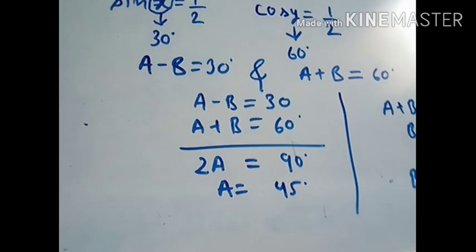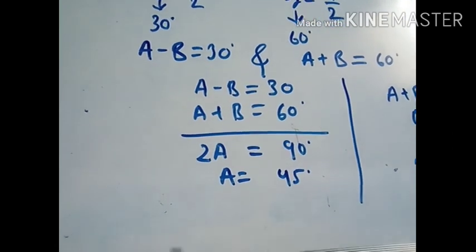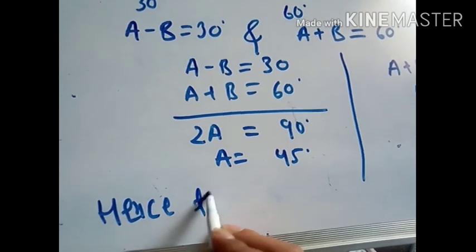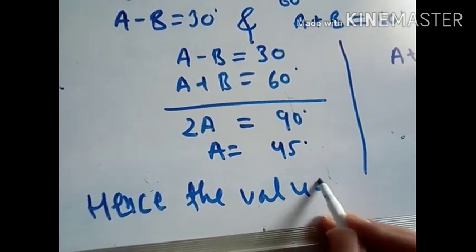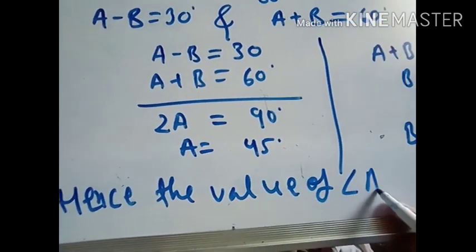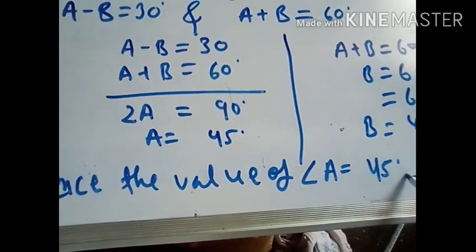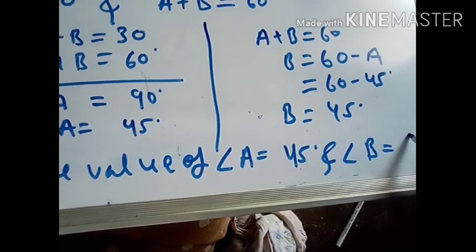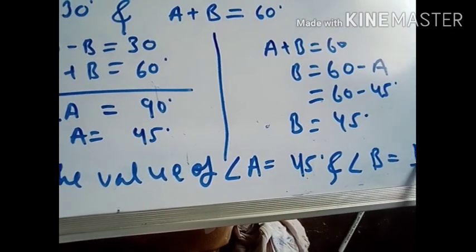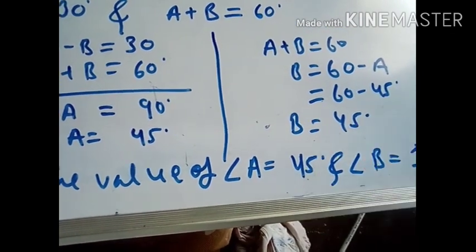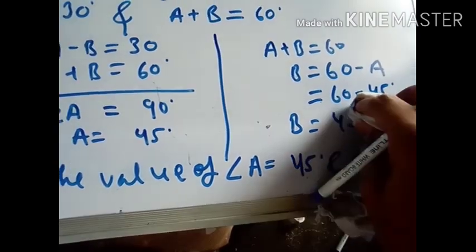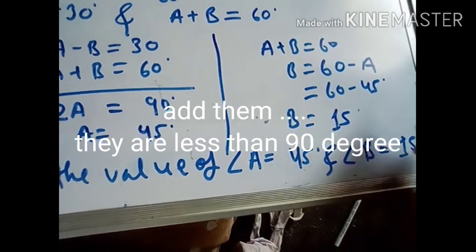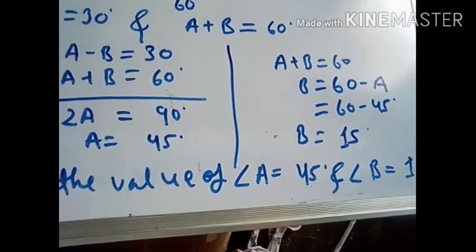Now the way of writing the answer is, hence the value of a is equal to 45 degree and angle b is equal to how much? Yes, exactly 15 degree. This one is 15 degree when you subtract 60 minus 45. Okay, got it.